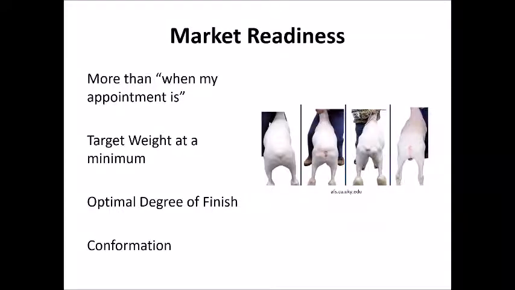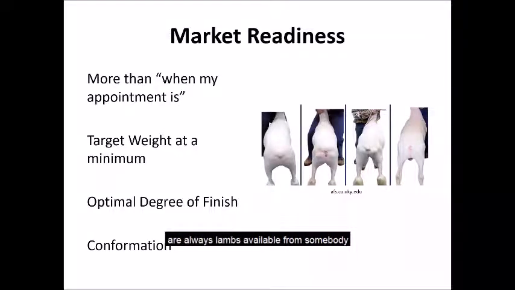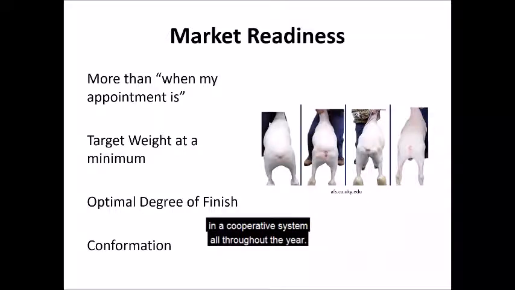And maybe that's a matter of pooling resources among producers and controlling the supply side so that collectively we can make sure that there are always lambs available from somebody in a cooperative system all throughout the year.